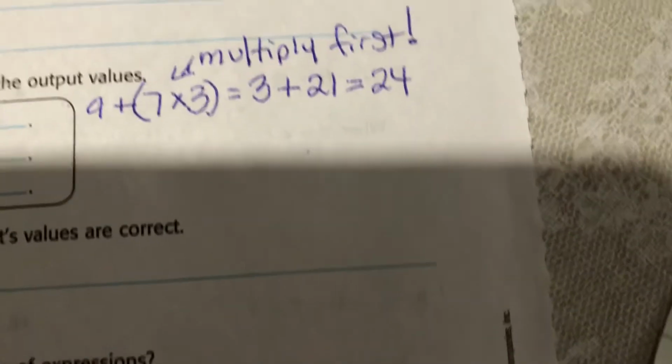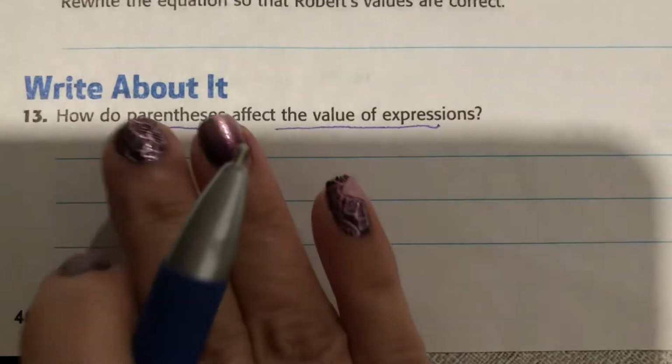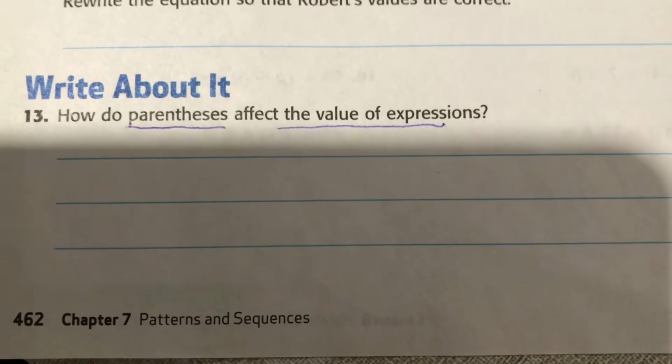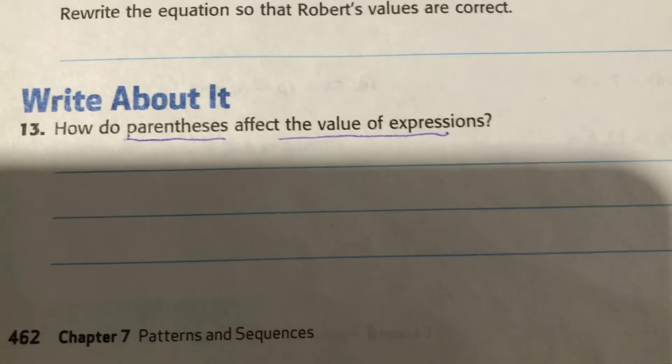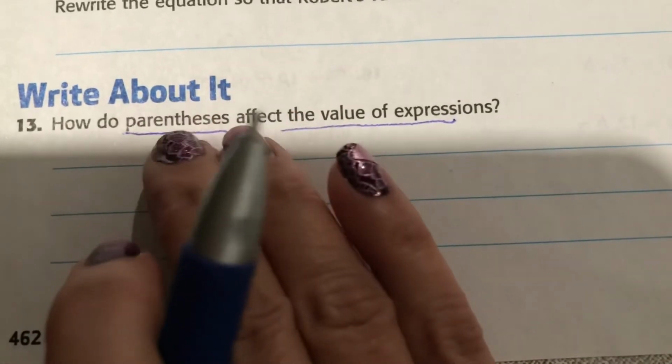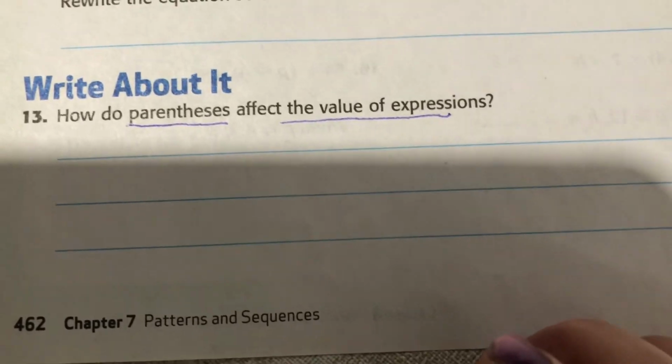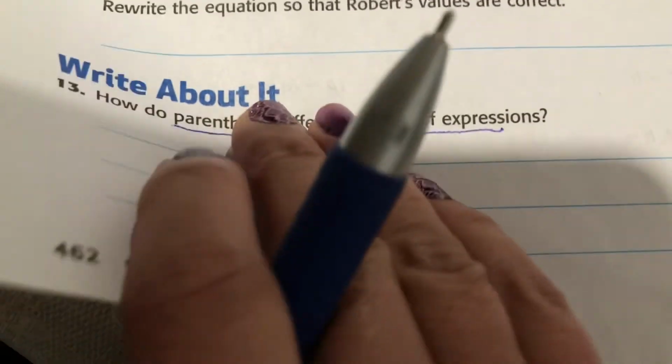All right. How do parentheses affect the value of expressions? Do I want you to do this? Oh, yes. This is everything we've been talking about last session, last lesson, and this one. This is very important that you understand that, okay? Parentheses. All right, that's it.